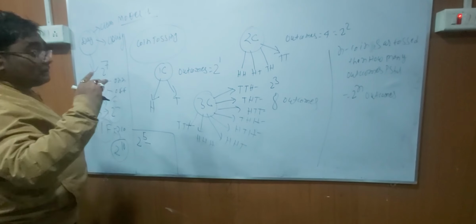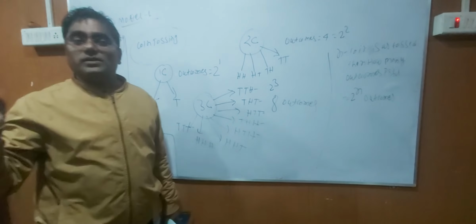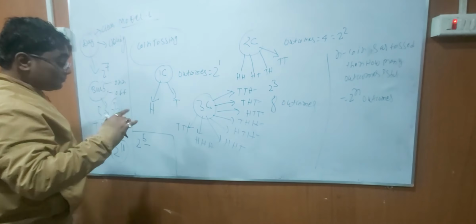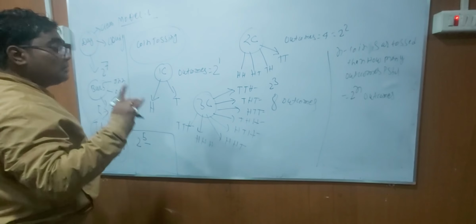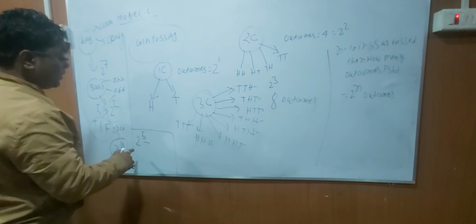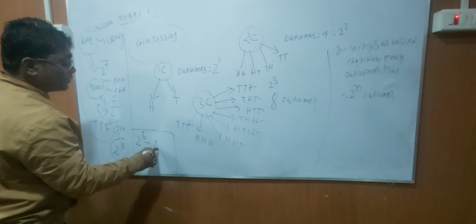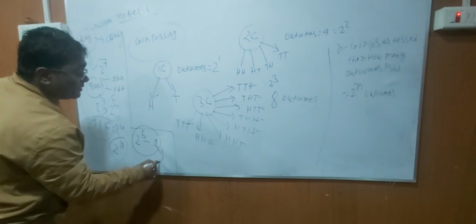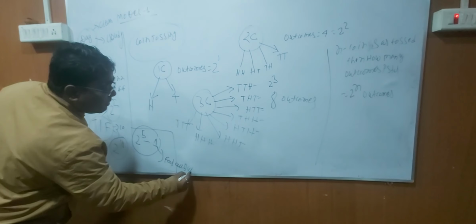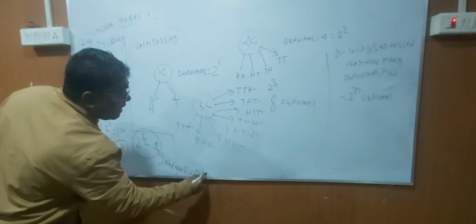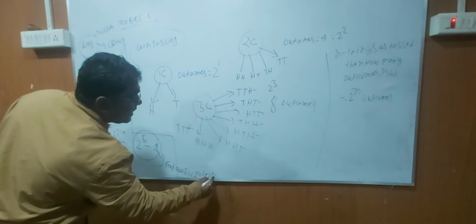if in this room there are 5 bulbs, then minimum 1 bulb is lighted. Then 2 to the power 5 minus 1. 1 means for all bulbs are off. Okay. When all bulbs are off, then room is in dark.